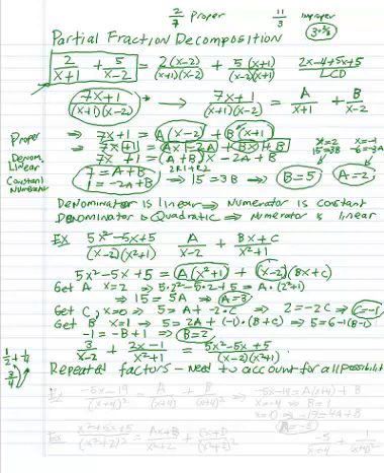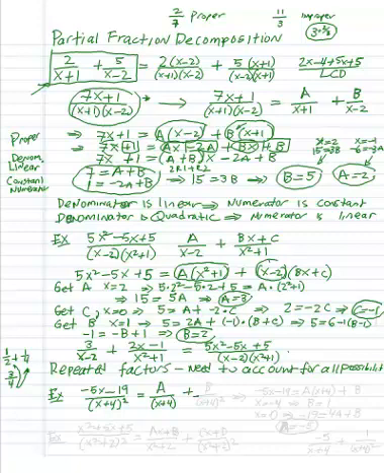So for example, if I have negative 5x minus 19 divided by x plus 4 squared. Well, I could have a fraction that has that single denominator of x plus 4. So I have an A over an x plus 4.